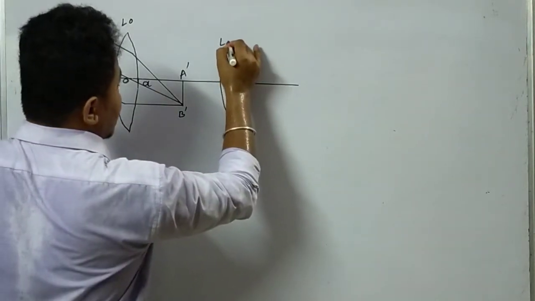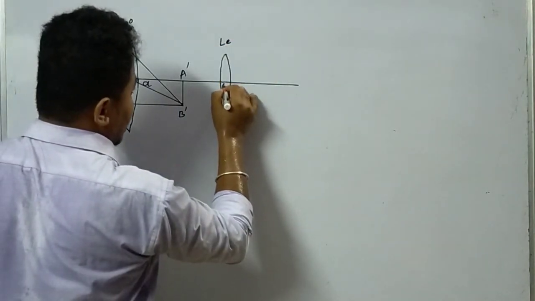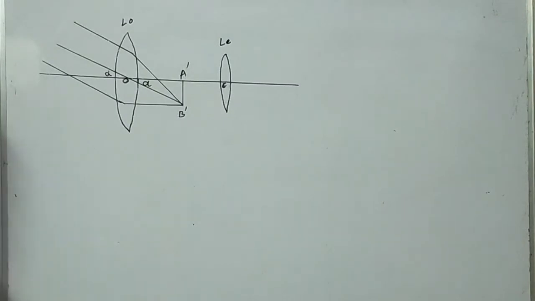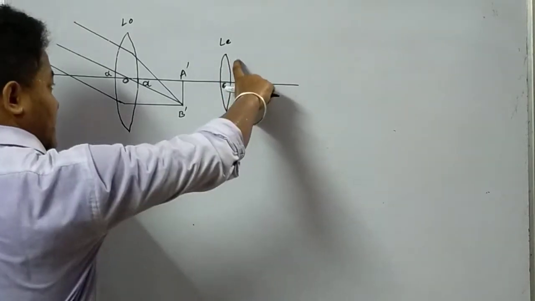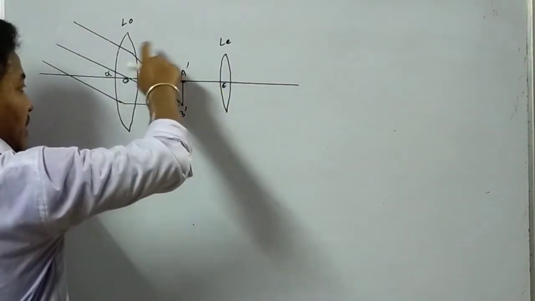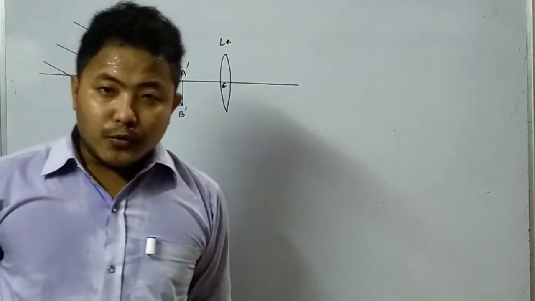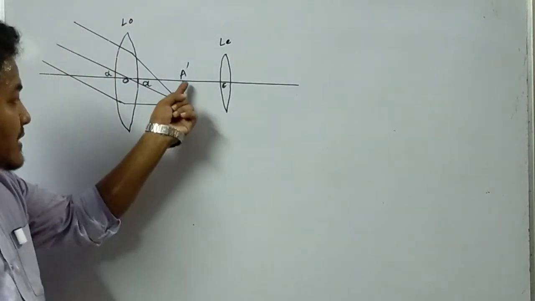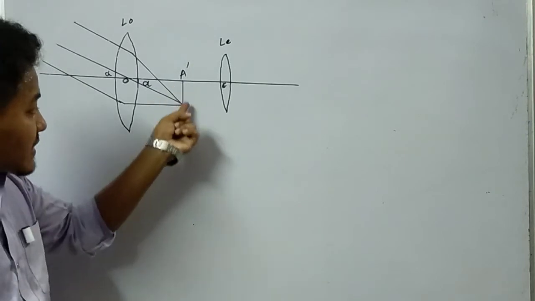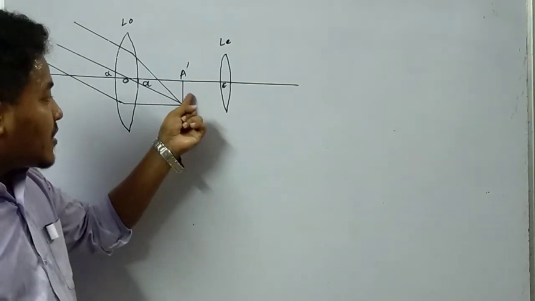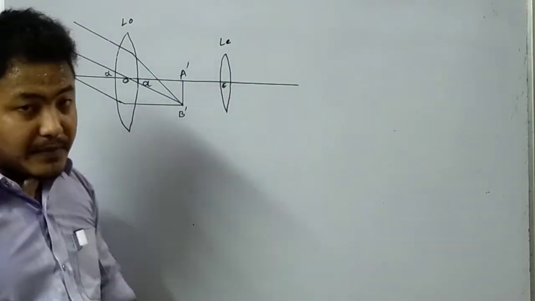So this is L_E, and this is the optical center of this particular eyepiece lens. Now for this eyepiece lens, the image of the objective lens will behave as the object. This is the usual thing I have told you so many times, that this image will behave as the object for the eyepiece lens.